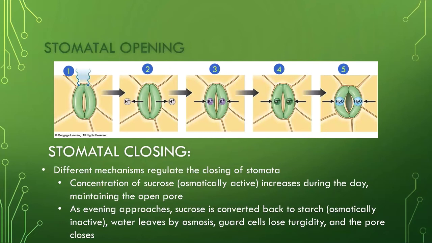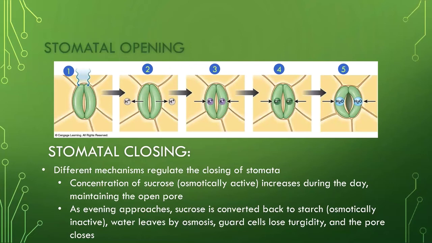Okay? For the closing of the stomata, when the leaf has been producing sugars all day, then the inside of the leaf becomes more what we call osmotically active, meaning that water wants to move out of the guard cells toward the area where there's sugar. Now there's more solute in the surrounding cells.